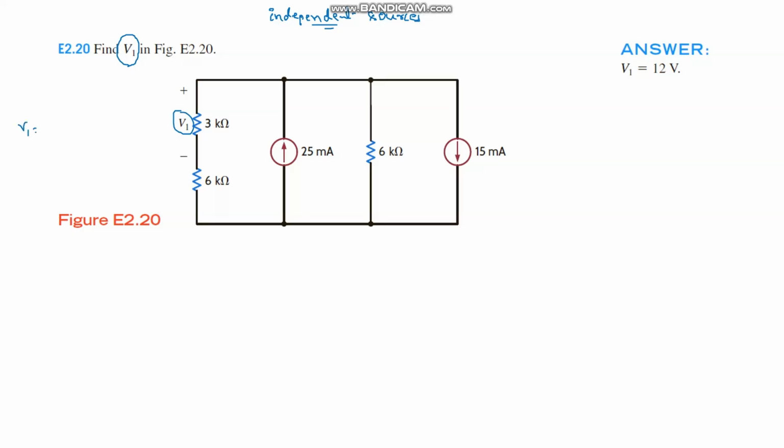V1 is nothing but the voltage drop across the 3 kilo ohm resistor. In order to identify the voltage drop across the 3 kilo ohm resistance, we can use KVL or KCL.